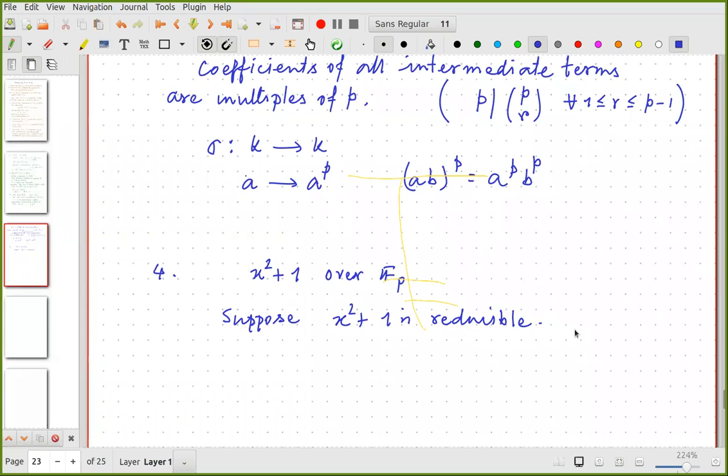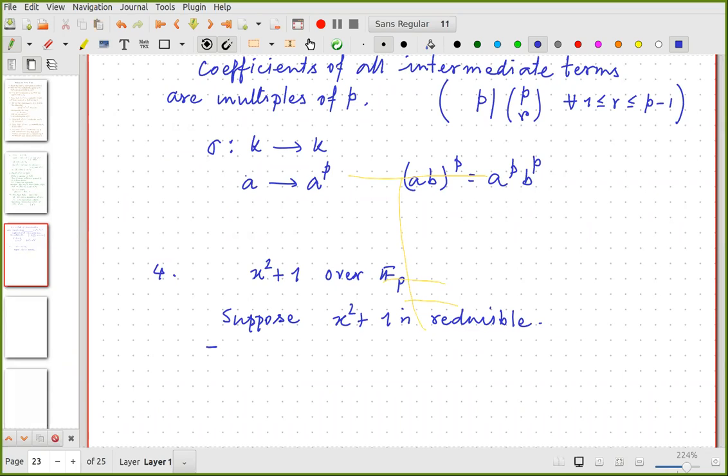A degree 4 polynomial might decompose into two quadratic polynomials, none of which may have roots in the field. So a degree 4 polynomial might be reducible without having any root in the field. That's possible, but for degree 2 and degree 3 it's not possible. They have to have a linear factor, and therefore roots.